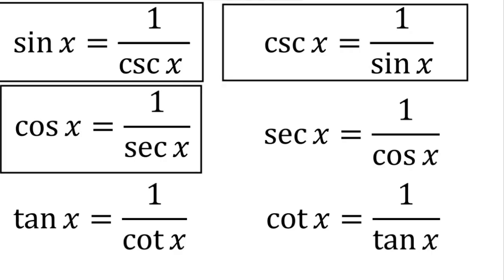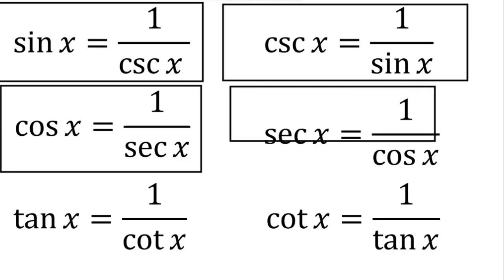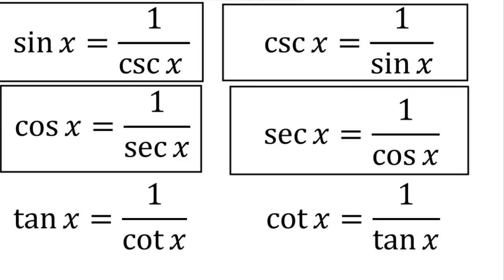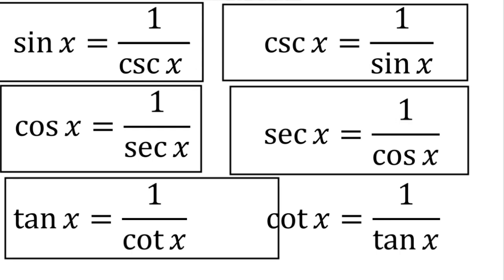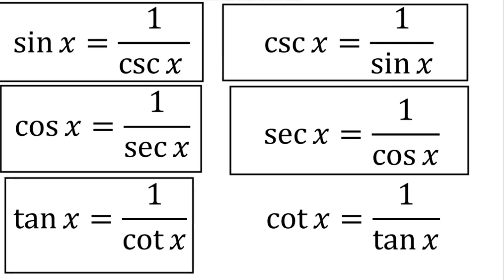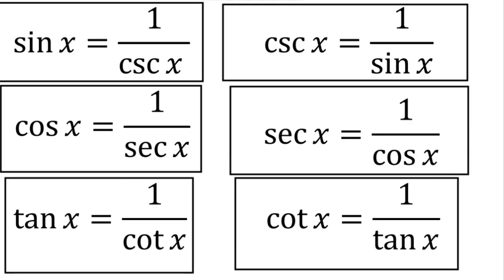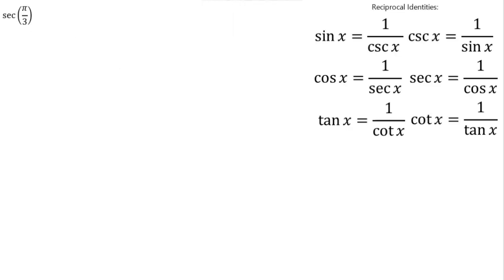Cosine x is 1 over secant x, and secant x is 1 over cosine x. Tan x is 1 over cot x, and cot x is 1 over tan x.